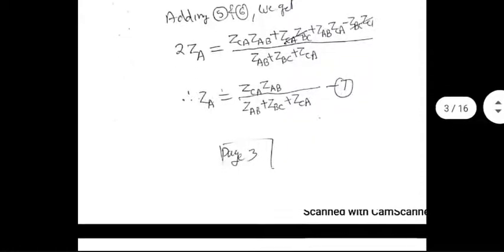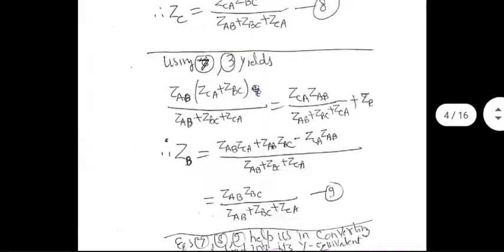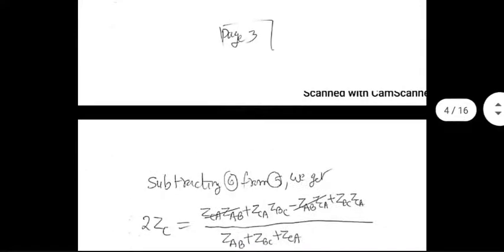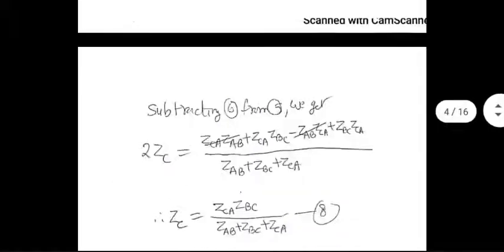It is difficult to remember these formulas, I know. Although there is a logic here, but we'll come to it later. ZA is given by this. ZB is given by, actually first I have derived ZC for some reasons. ZC is ZCA times ZAB divided by the same denominator. In all the three formulas, the denominator is identical. Whether ZA, ZB or ZC, you see the same denominator, but the numerator changes.